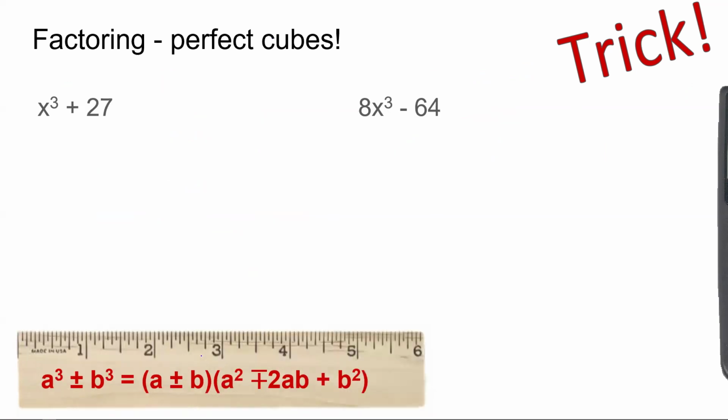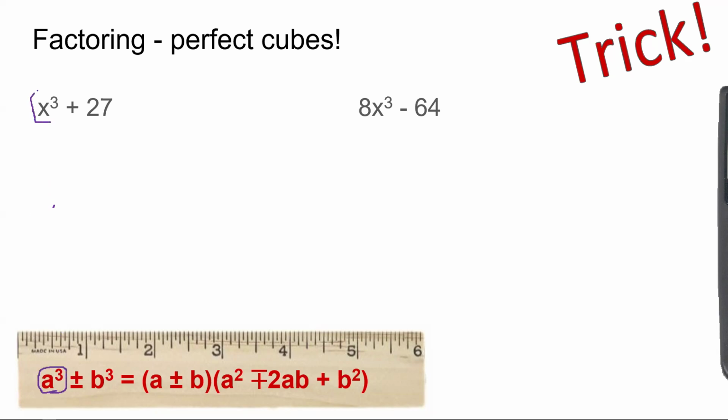All right. Here's a trick down at the bottom when you have cubes. And you can already see that there are some similarities between the perfect squares that we did in the last problem and the perfect cubes that we have before us here. So in the rule, I'm looking for something cubed.